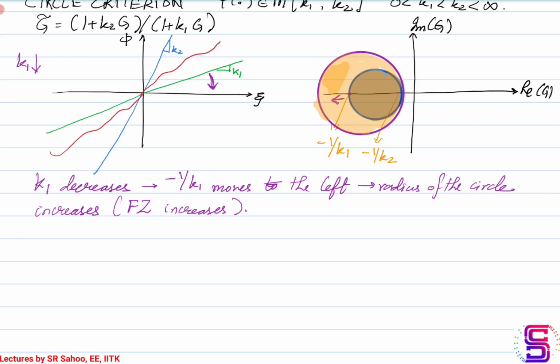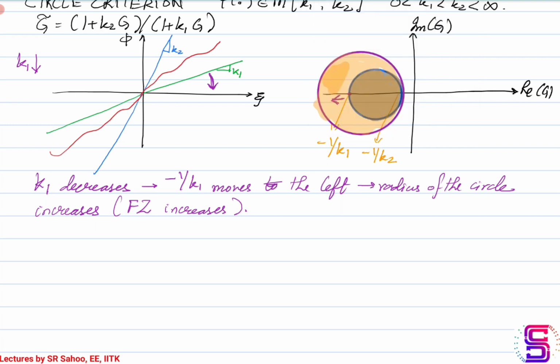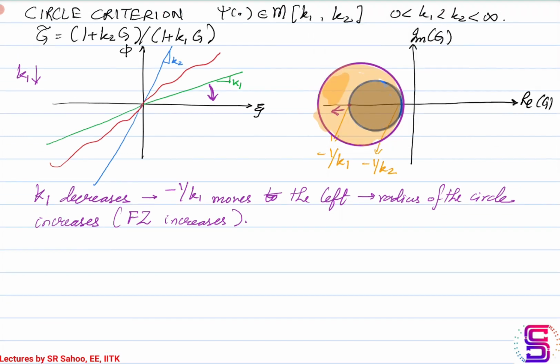Please note that for this discussion and all discussions henceforth, we'll be considering G such that it has no poles in the ORHP, for all our discussions further.